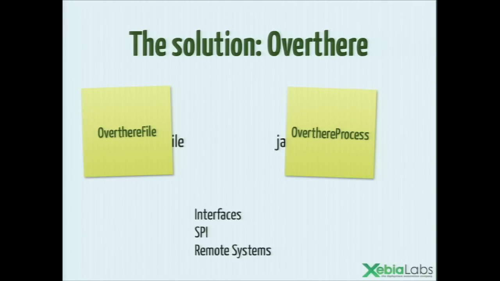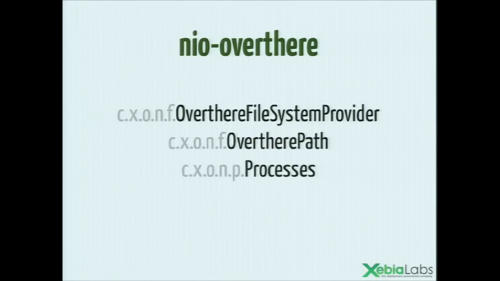But now that NIO.2 came out, we thought, hey, we can do the same thing, but then in NIO, and then actually make it look even more like official Java. So we actually built something called NIO Overthere, which is a layer on top of Overthere, which has an Overthere FileSystemProvider, our own path implementation. And that's the thing that's kind of lacking in the whole NIO abstraction, at least for our use case, is a way to also abstract processes.